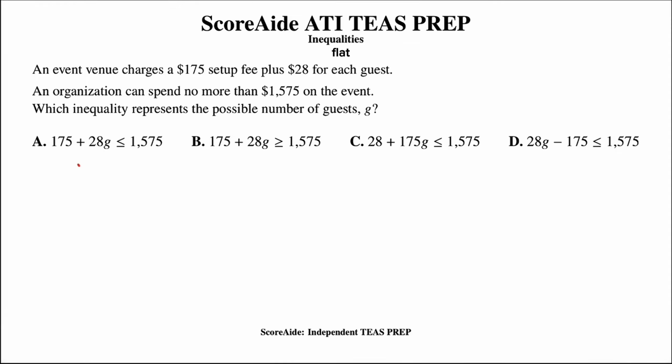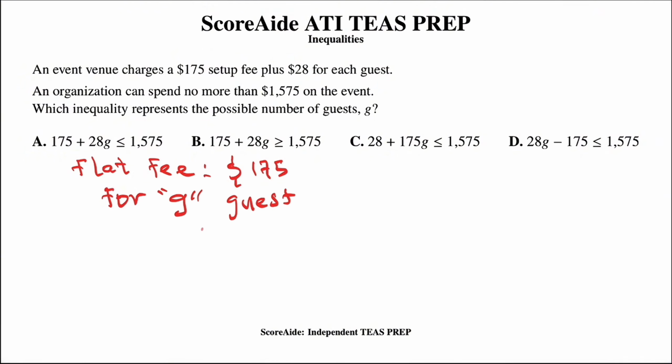So the flat fee is 175. So you pay this no matter what. Then for G guests, you pay what? 28 times G.